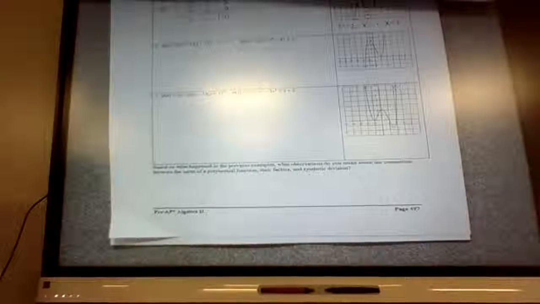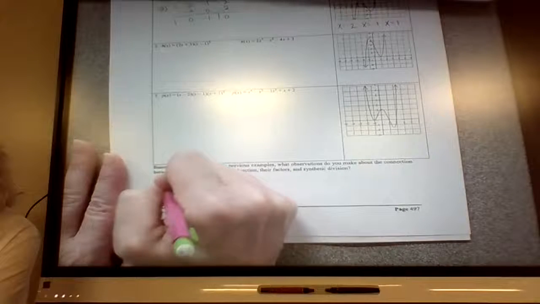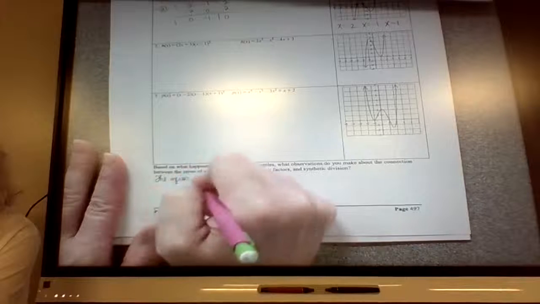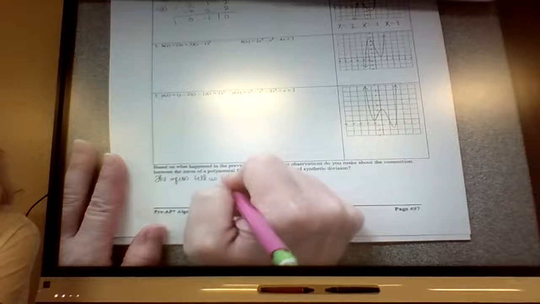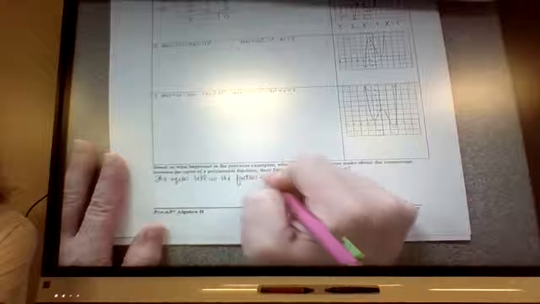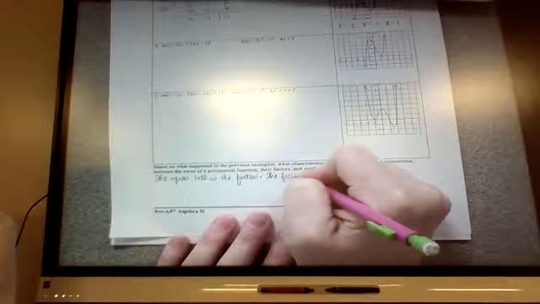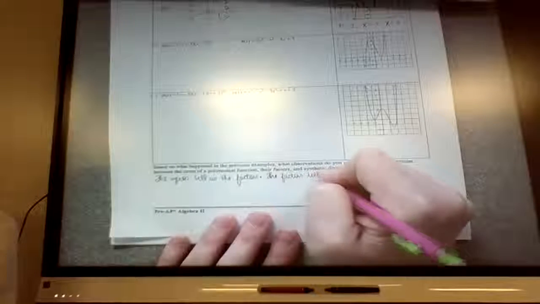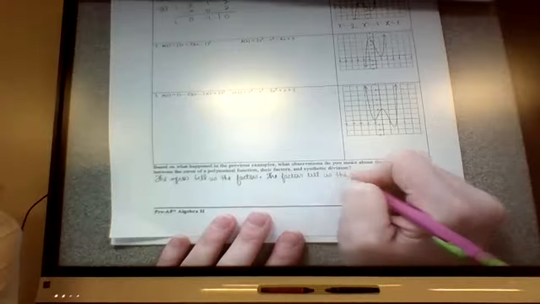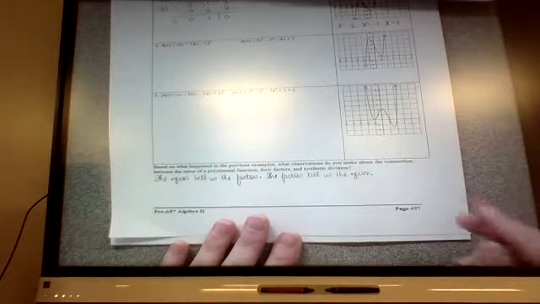What's the relationship? What's the connection between zeros and a factor and the remainders? The zeros tell us the factors. And also the factors tell us the zeros, right? I can switch that around. And then what happens when you use synthetic division?